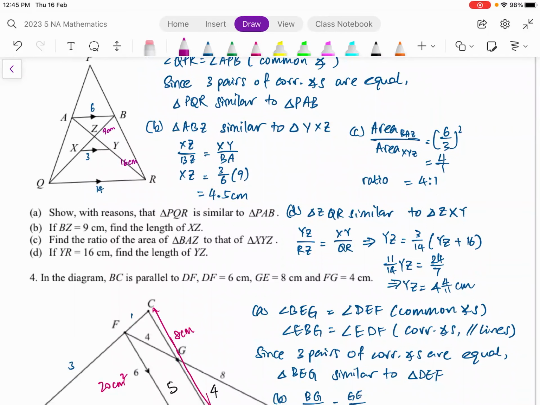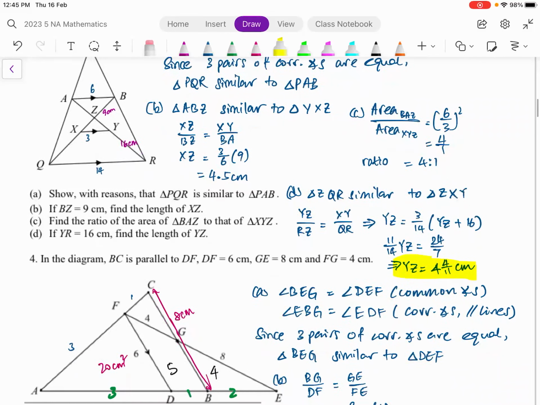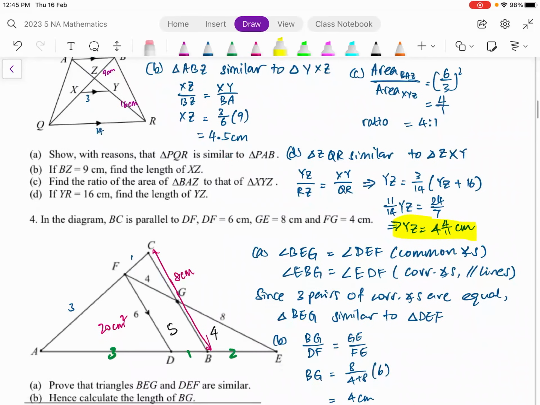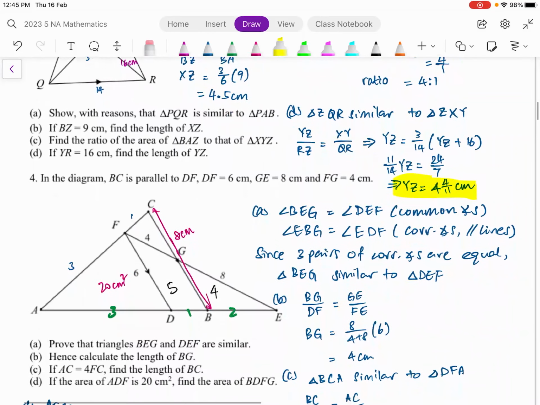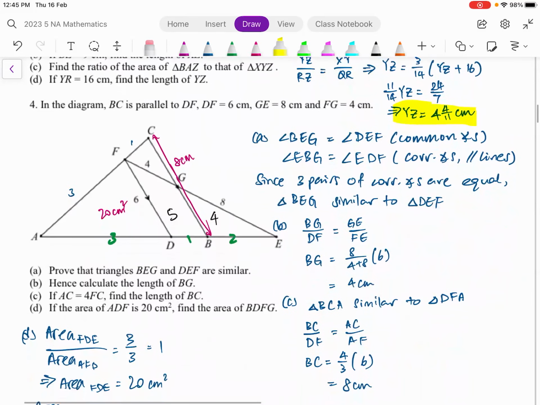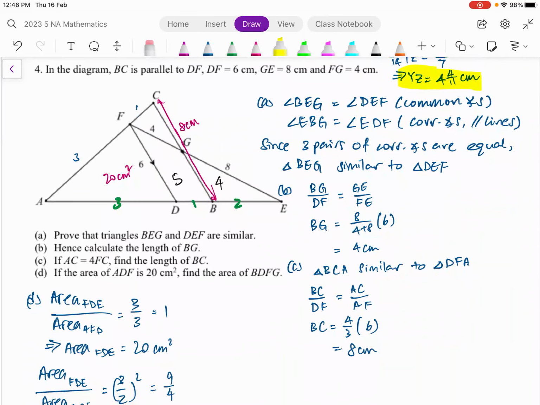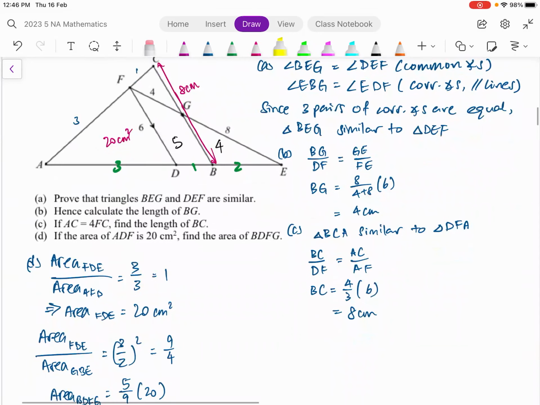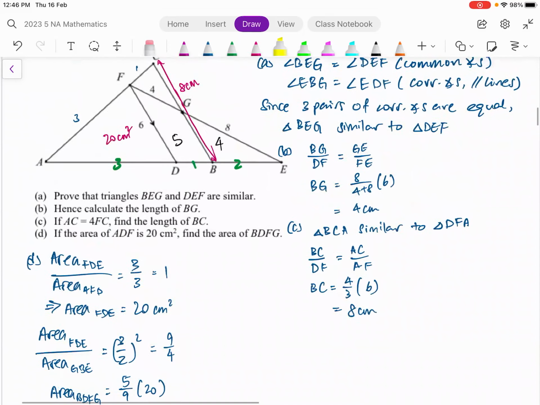This is exact, no reason to round off. Still no issue. Question 4. 4A. No problems. 4B, 4 cm. 4C, 8 cm. 4D.